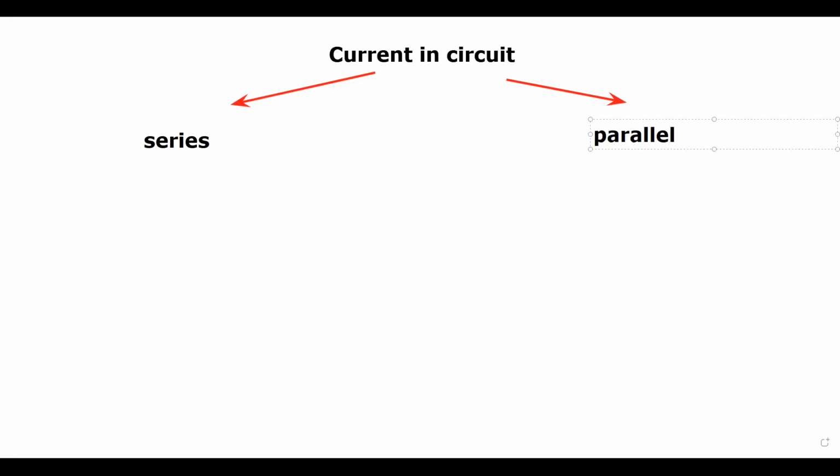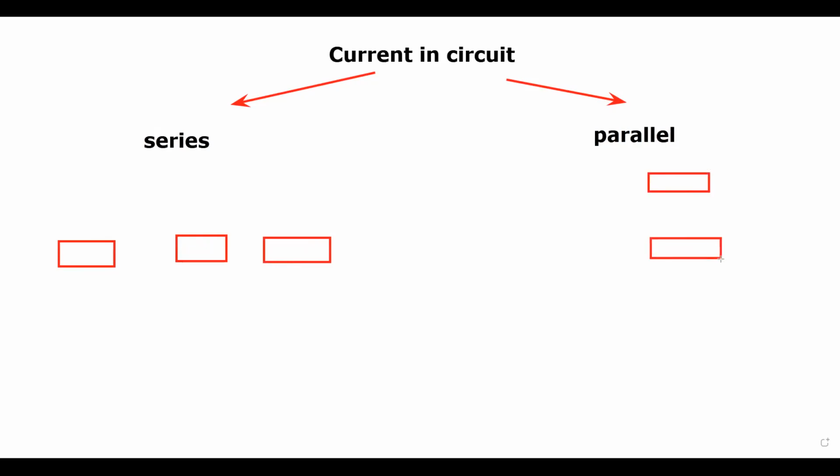In a series circuit, because there is one way for the charges to flow, the current in the circuit remains the same. But in a parallel circuit, because there are multiple passages available for the charges to flow, when the charges are moving through these passages, they divide between the passages.